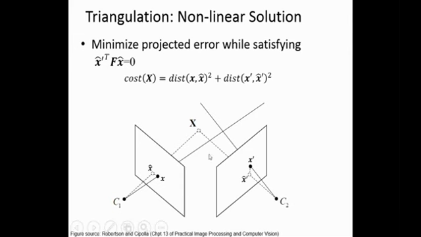So if you're triangulating based on two images, then you can say, I want my 3D point X to project as closely as possible to this point here, where by closely as possible I mean the Euclidean distance between the projected point and the observed point, and the same in the other image.